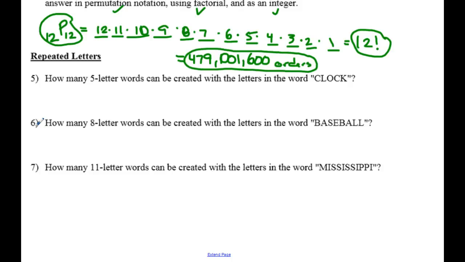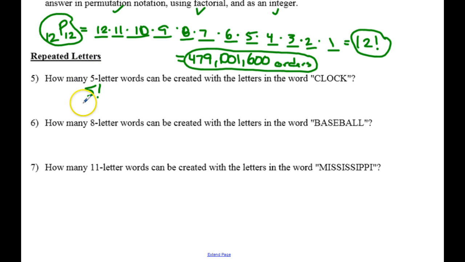I'm going to work through the fairly complicated one second. We'll start with the simple one. How many arrangements of the letters in the word clock? Well, if I'm looking for 5-letter arrangements, if there were no repeats, it would just be 5 factorial, 5 times 4 times 3 times 2 times 1, just like with cat.